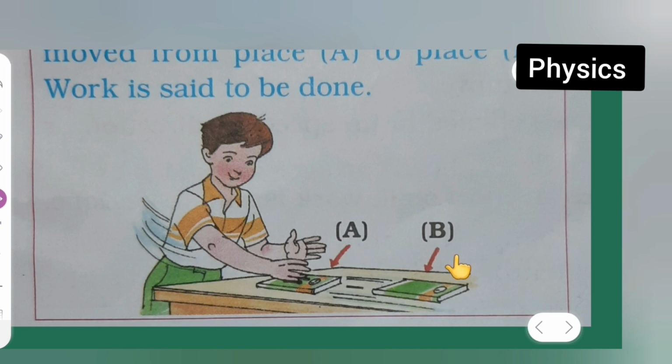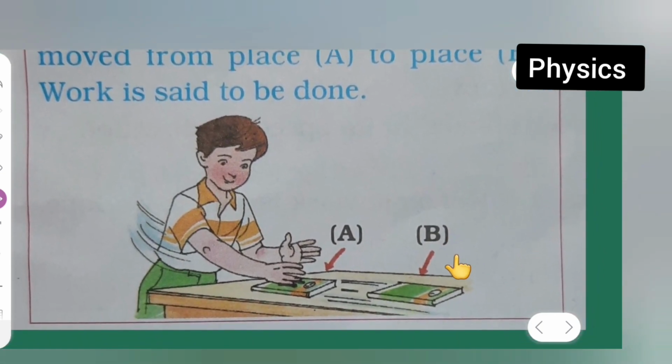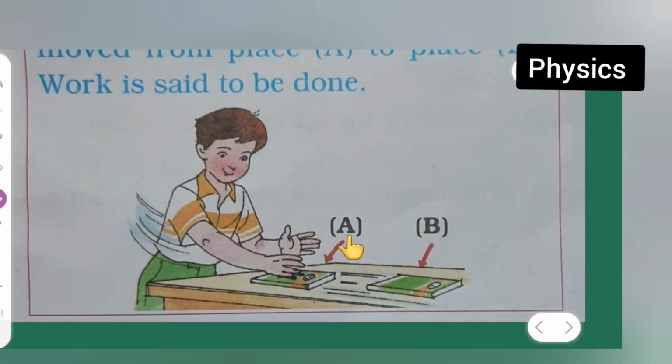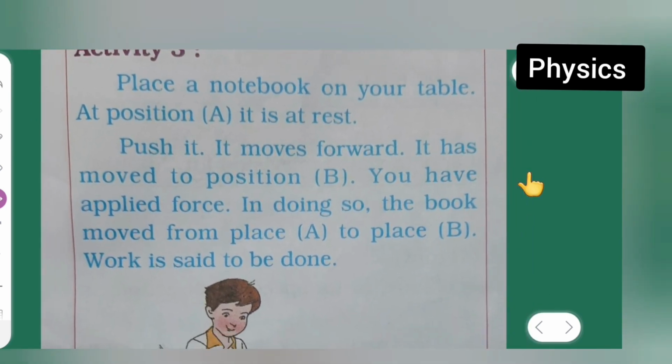Now you can say from place A to place B, work is said to be done. So I moved it from A to B, and my work is done over here. I have applied a force and placed it here at place B. I hope you all have understood this. This is a very easy concept.